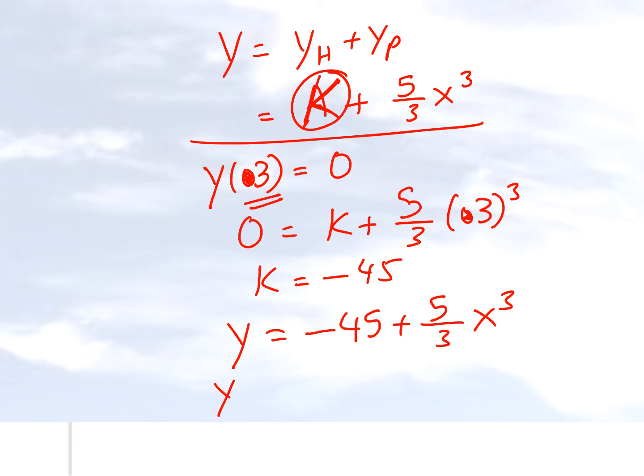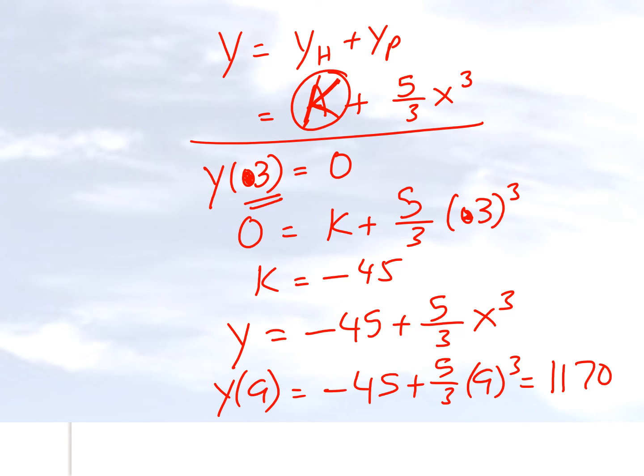And if I want to find what y at 9 is, it will be this, and that gives us 1170. So in fact, the value of y at 9 is the exact value of the integral going from 3 to 9 of 5x squared dx. We got that by using our integral calculus knowledge, and we got that by using our ODE knowledge.